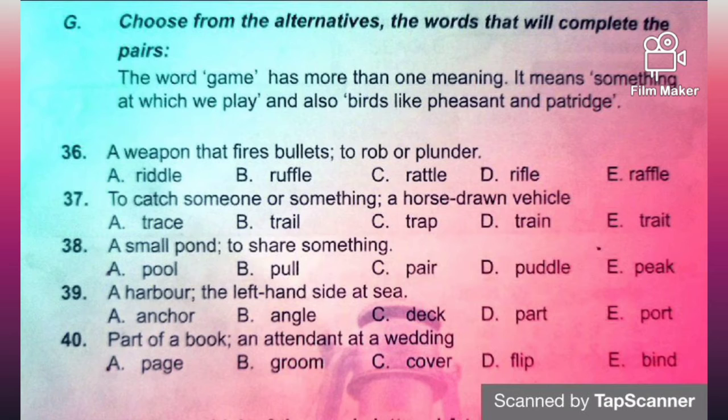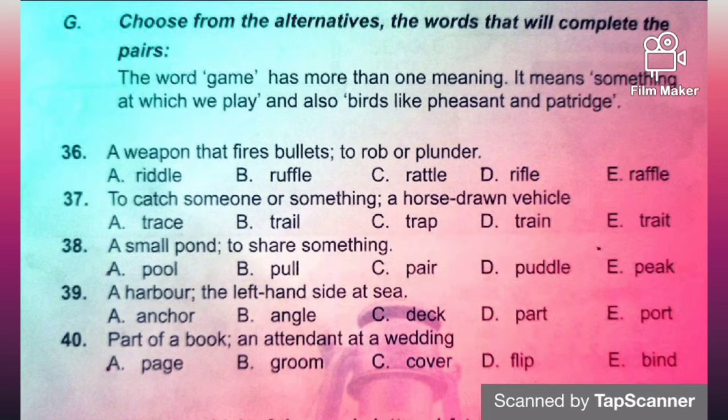The word game has more than one meaning. One, it means something at which we play. Let's play a game. That's the first one. And also birds like pheasant and partridge. There's also a bird called game. So now, one word but two meanings.